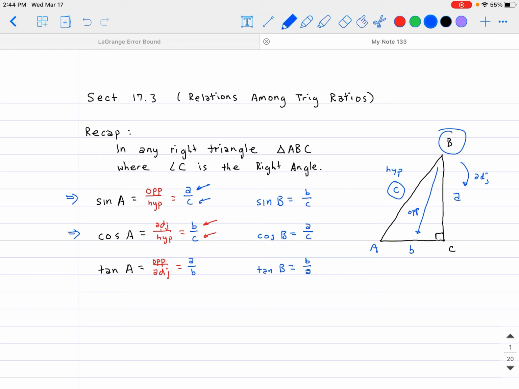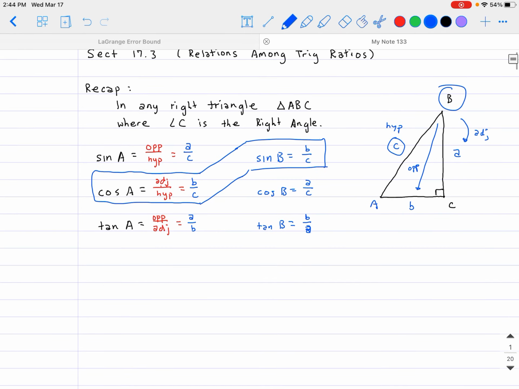Here's what I want you to notice. In this right triangle, some of these ratios are actually identical to each other. For example, the ratio B over C is in reference to both cosine of angle A and sine of angle B. So by the transitive property, those two are equivalent.